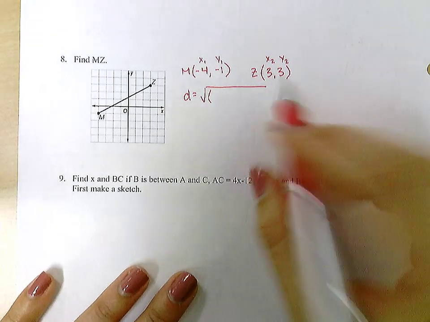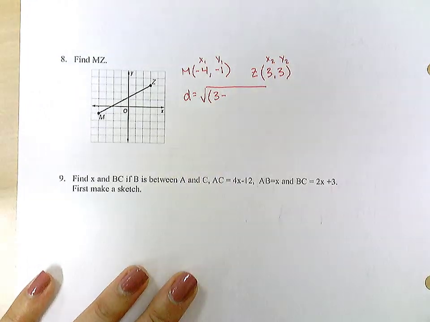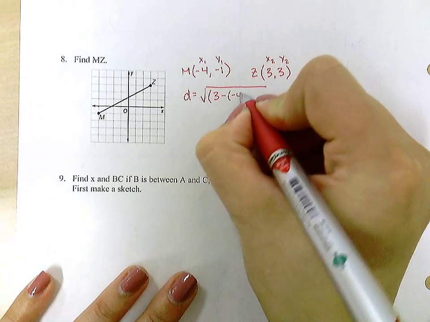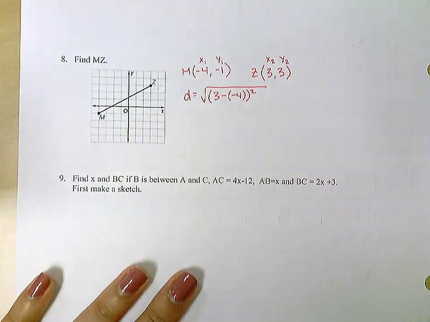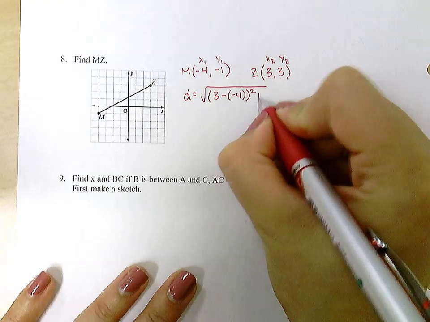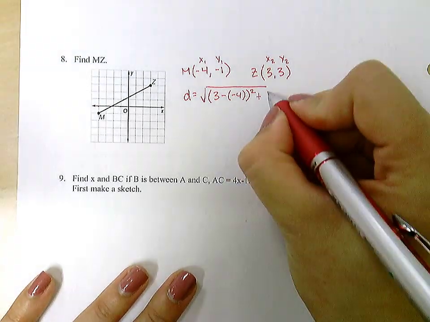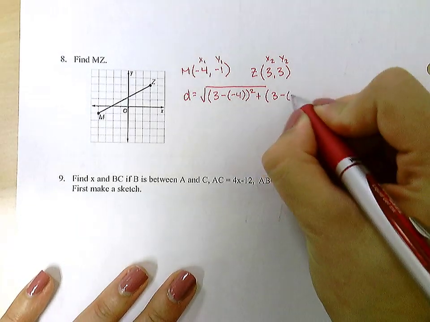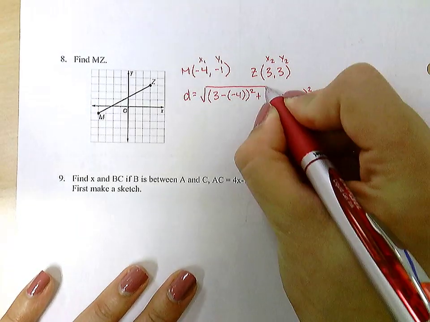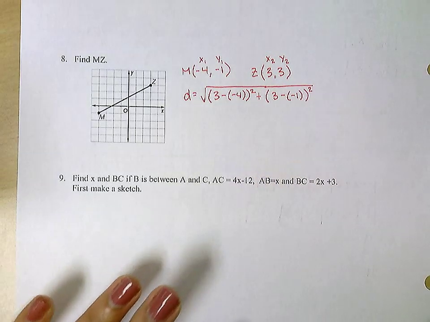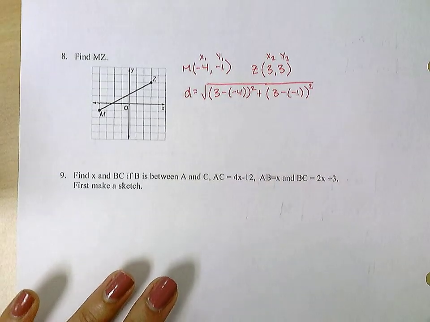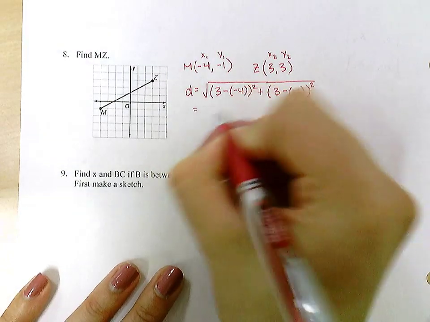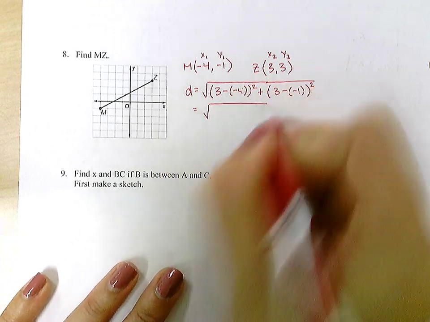Okay, so we have x sub 2 is 3, minus x sub 1 is -4, that quantity squared, plus y sub 2 is 3, minus y sub 1 is -1, and that quantity squared.